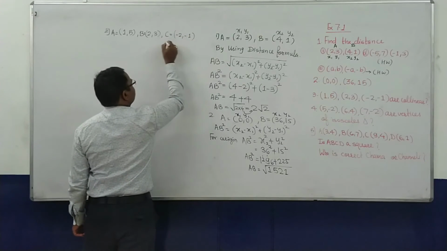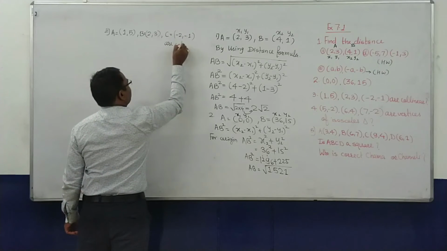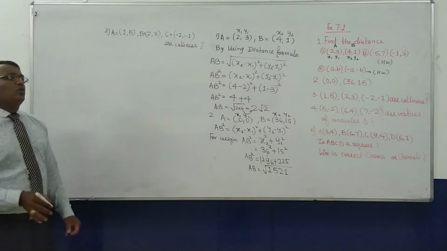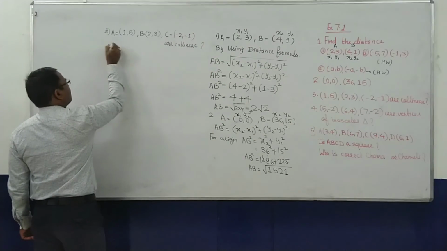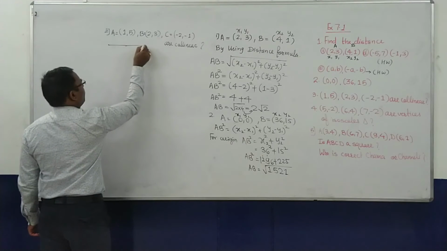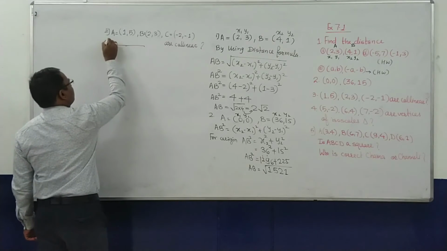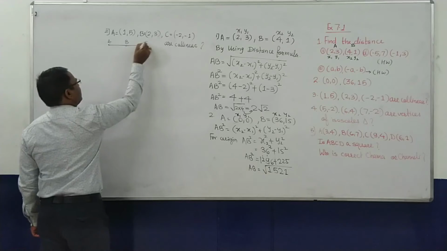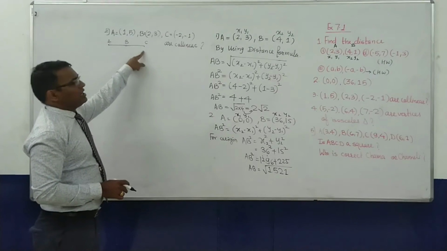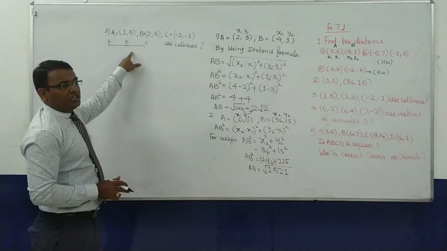Are they collinear? Collinear means, are these points in a straight line or no? We have to show this for A, B and C. It can be BCA also, it can be CBA also, anyhow, but are these collinear or no?